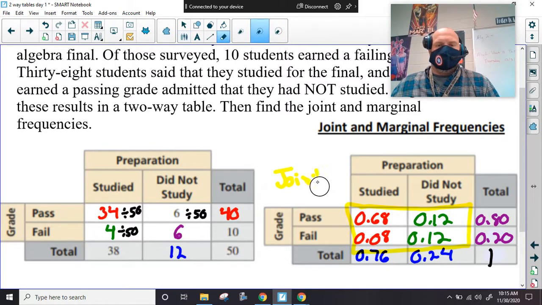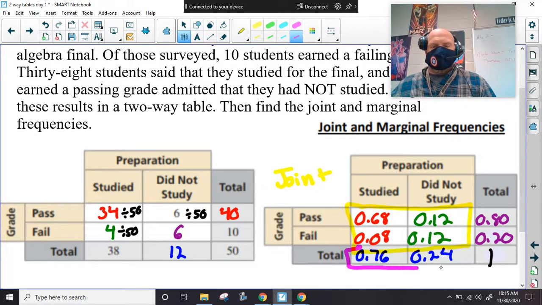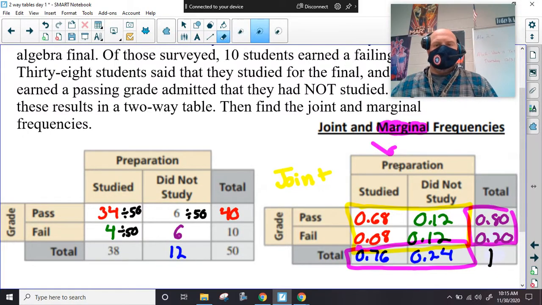And these over here are your marginal. Actually, I'm just going to highlight this since it keeps on messing that up. Okay.